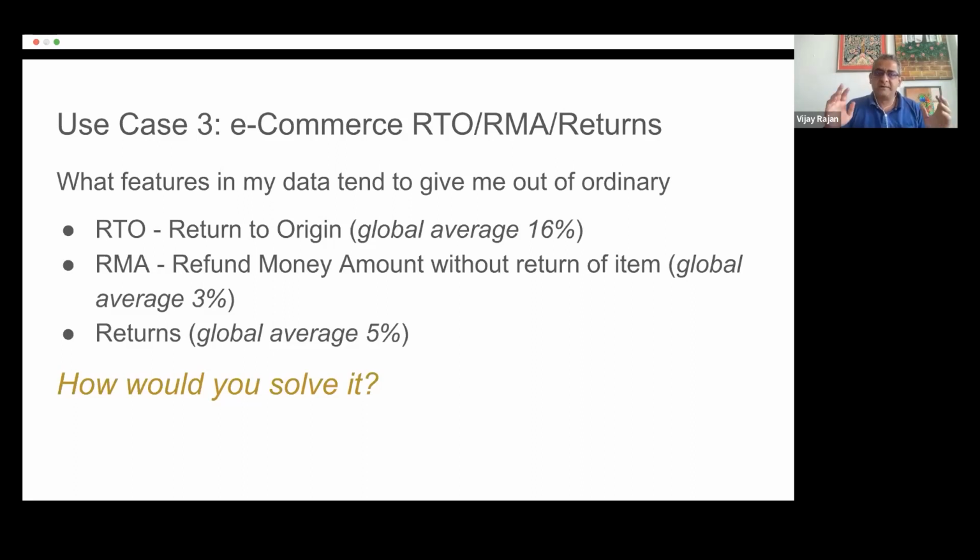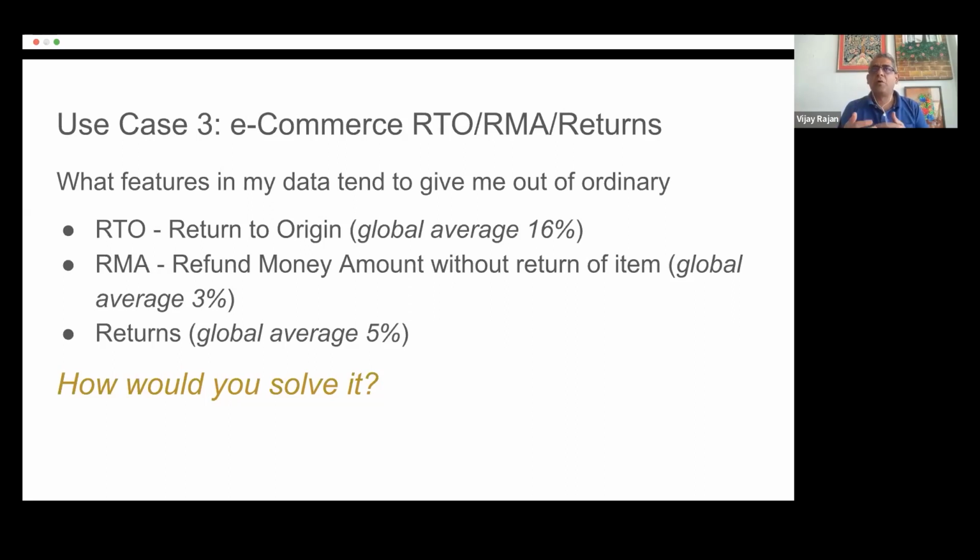So they would just say, hey, I don't want to incur any more loss on this item, so why don't you just keep the item and we refund the money back to you? And there was massive abuse about this as well. These use cases are from real life and very interesting.